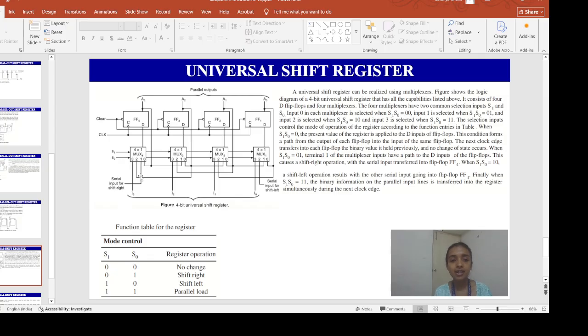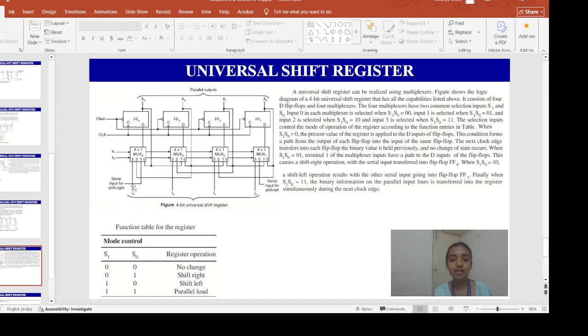Obviously, consider S0 as the LSB and S1 as the MSB. Input 1 is selected when S1 and S0 are 0, 1, and input 2 will be selected when S1 and S0 are 1, 0.